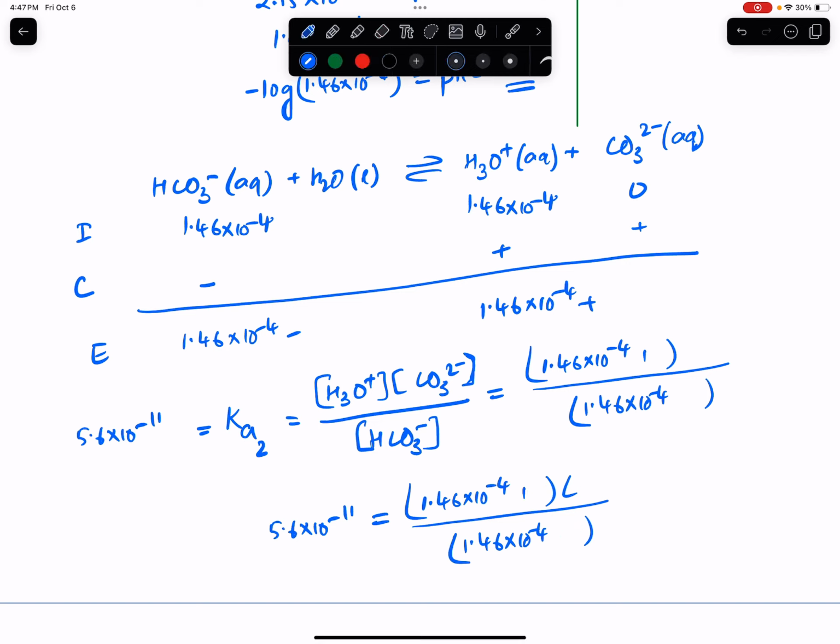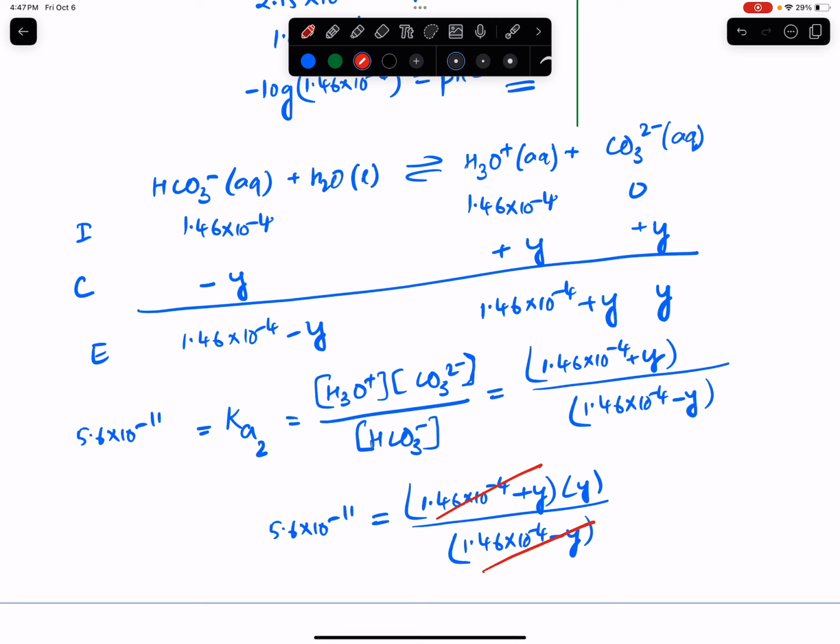So let's put y here, minus y, plus y, and so on. We're going to assume y is really small, and that will be a correct assumption in this case.